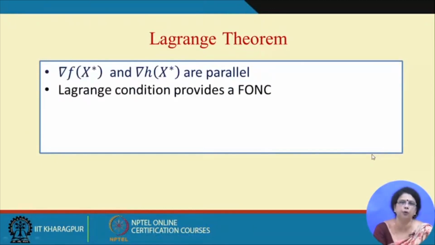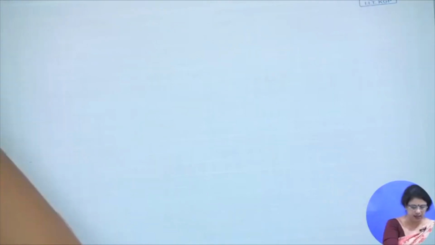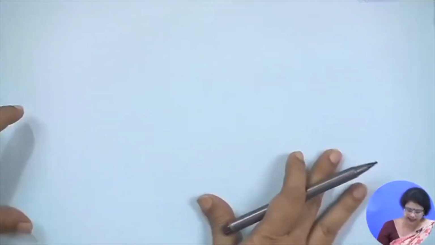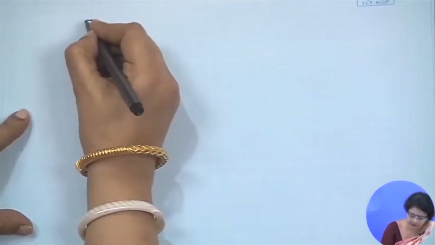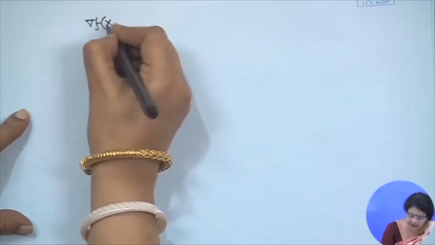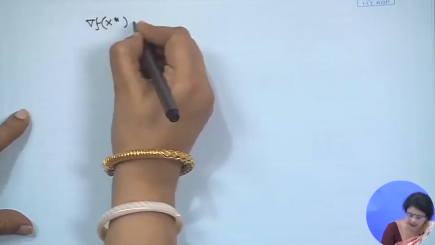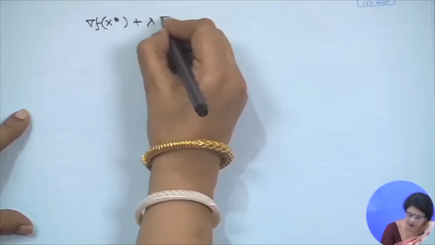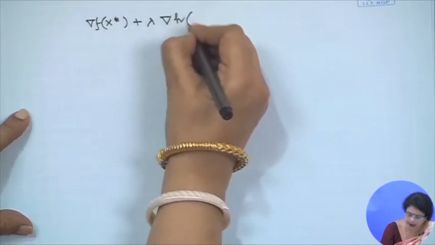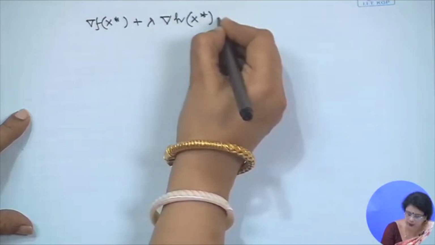Now, there are a few properties. Let me write down the conditions once more: grad of f(x star) plus lambda times grad of h(x star) is equal to 0.